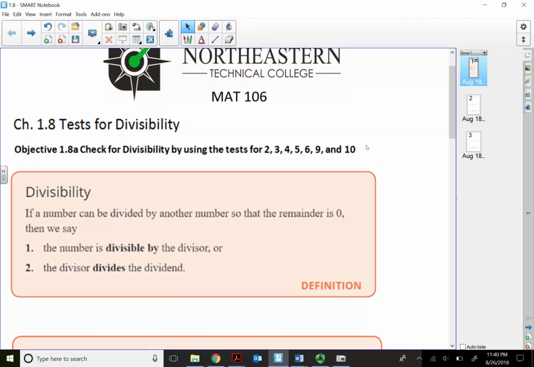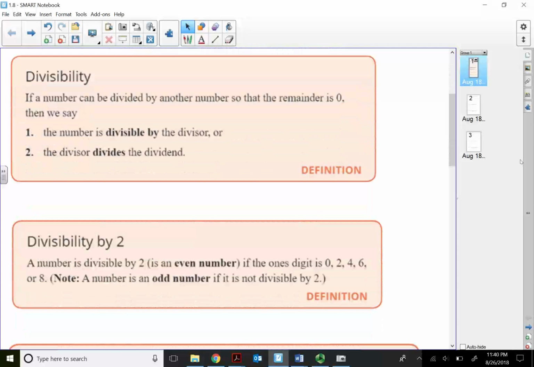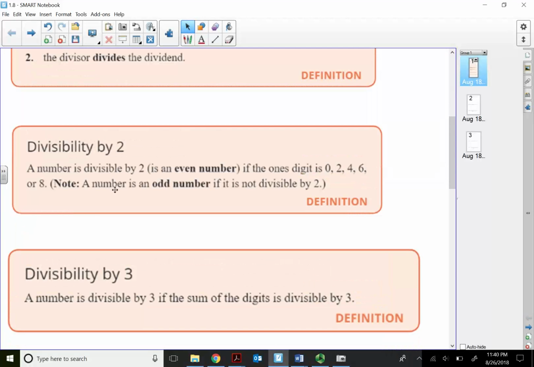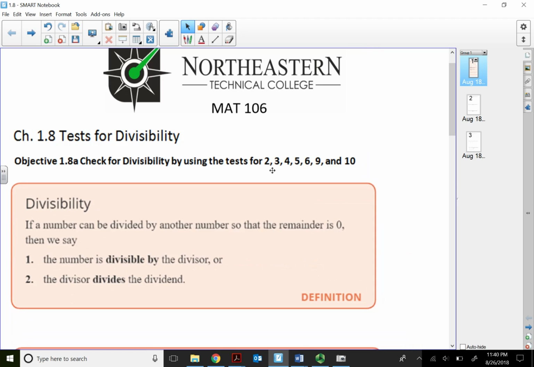Learning divisibility also helps tremendously when it comes to simplifying fractions in module 2. All right, so I'm going to go through these rules for divisibility, and then we'll do some examples. A lot of these rules, 2, 3, 4, 5, 6, 9, 10, are on the multiplication table 1 through 10 that we talked about in 1.3.